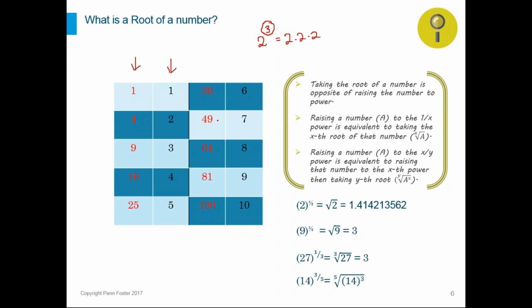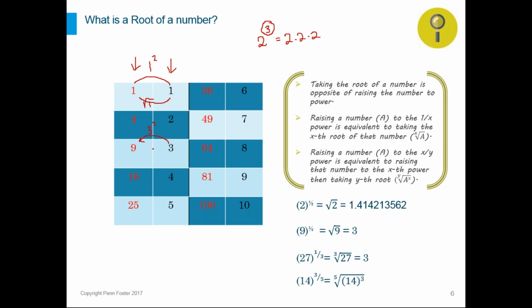So how come taking the square root or any root of a number is the opposite of raising the number to an exponent? Let's see, if I start with a 1 and raise the 1 to the second power, 1 squared is 1. Take the square root of 1, it will give you back the 1. Well, 1 is a special number. So let's look at 3, for example. 3 squared will give you 9.